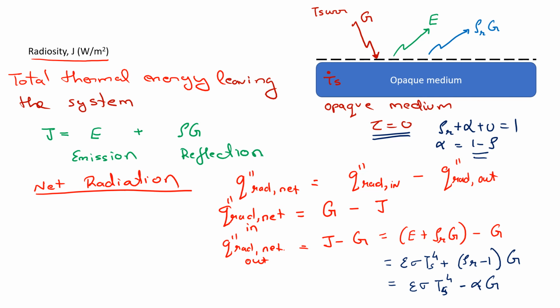Okay, now if we have a gray body, that means your emissivity will be equal to your absorptivity.